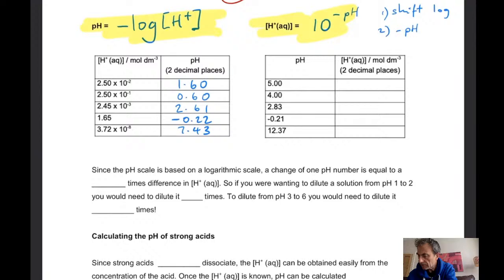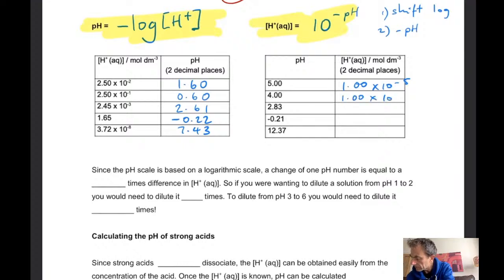Right, I'm just going to go through these then. So if the pH is 5, the hydrogen ion concentration is 1.00 times 10 to the minus 5 moles per decimeter cubed. Next one would be 1.00 times 10 to the minus 4.